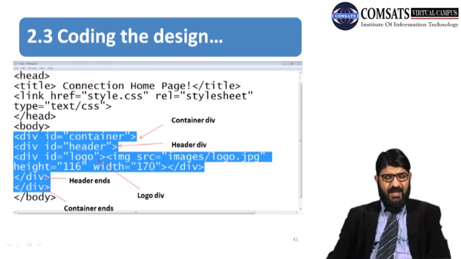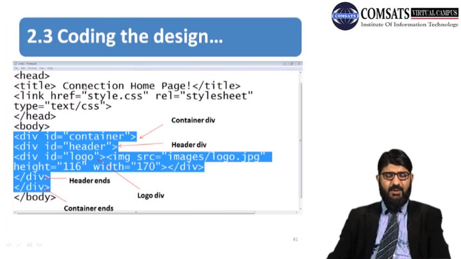So now, moving to the end, the last part is how we are going to call all this in our application. So this is the HTML file, head section is started, then the title is given, connection to home page, and title tag is ended. Then we are referencing style.css, the div tag styling sheet, and then its type, that is text/css, and its relation, that is stylesheet.